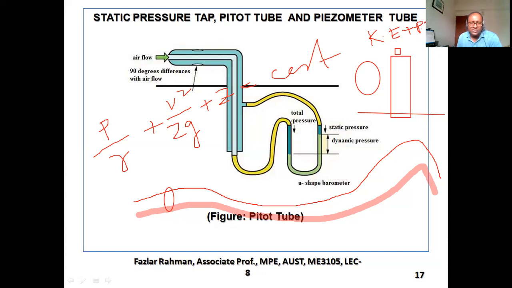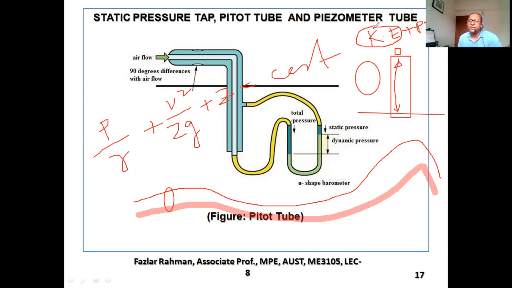Now, instead of a human body, we are thinking of a cylinder full of gas, and that is running on the rooftop. Then what will happen? It has one more energy. With respect to the ground, it has potential energy that depends on the height of the building. Then it has kinetic energy because it is moving, which depends on the velocity.